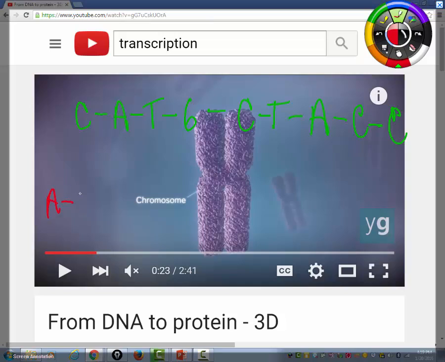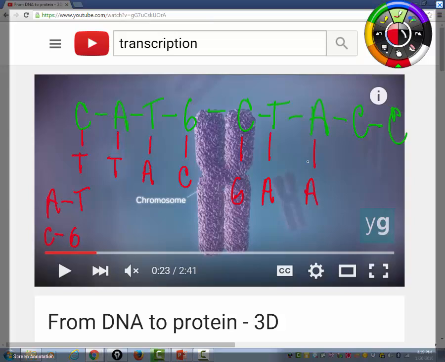A always matches with T. So adenine always matches with thymine, and cytosine always matches with guanine. So here's one side rail of the ladder, and when you chemically bond those base pairs together in that obligatory fashion, this little hydrogen bond forms the rung of the ladder, and A always matches with T, T always matches with A, G always matches with C, C always matches with G. So you match them up.